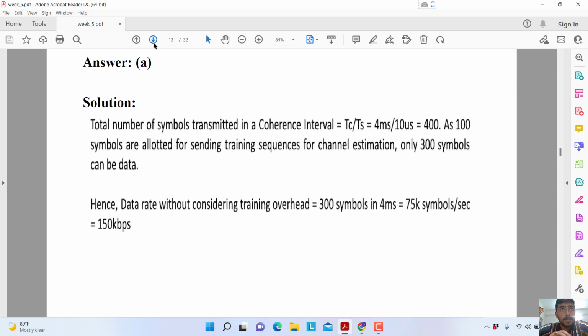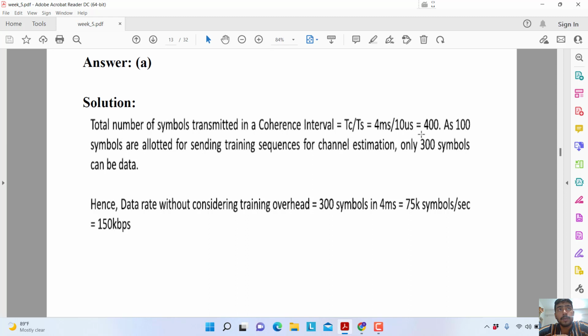Okay. So firstly, we will calculate the total number of symbols. The total number of symbols transmitted in the coherence interval is the ratio of the coherence time and symbol period. Coherence time is 4 millisecond and symbol period is 10 microseconds.